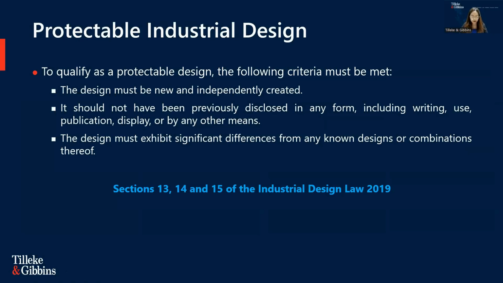In terms of new, the design must not be disclosed before the filing date or prior to filing date in any form, which will cover writing, use, publication, displays, or by any other means. And in addition to that, the design must be significantly different from existing designs. So in order to be protected, these are the qualifications that you need to take note.